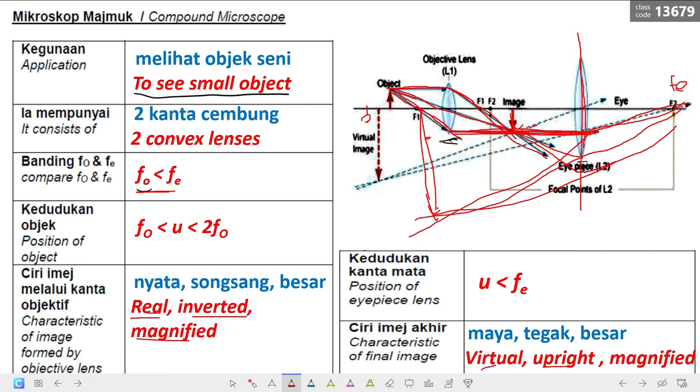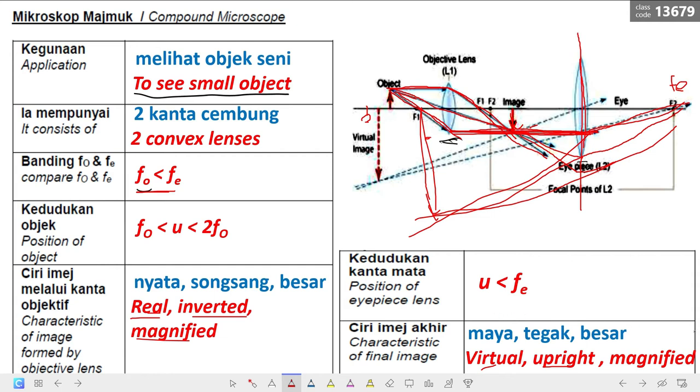It should be inverted, but we have to use another lens to make it upright. So the final image should be virtual, inverted and magnified, and after you use that lens, it becomes upright.